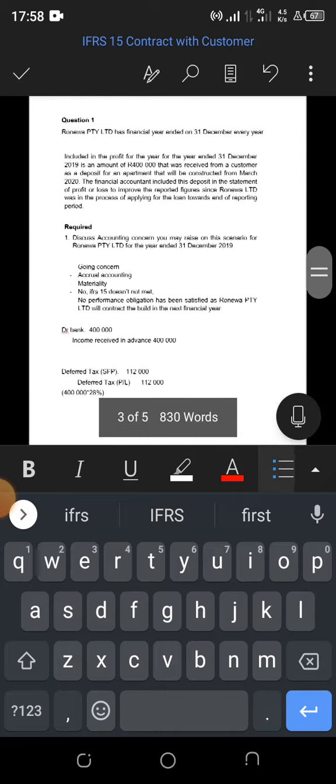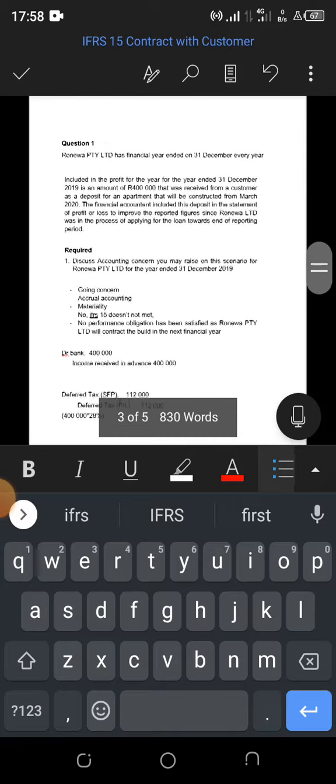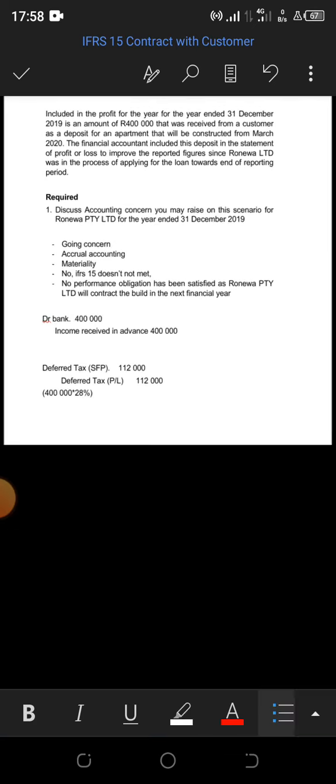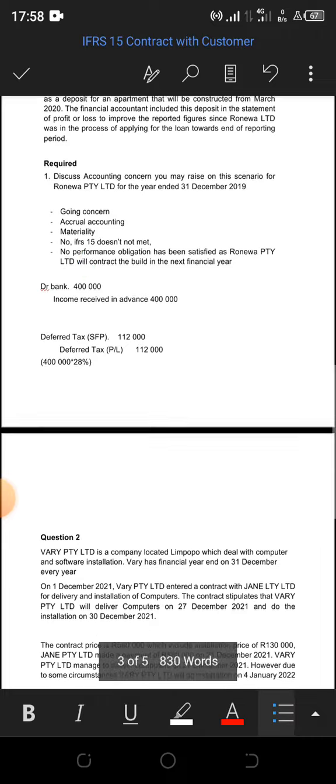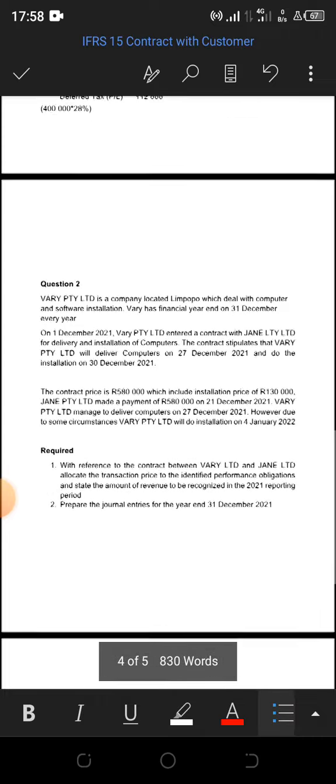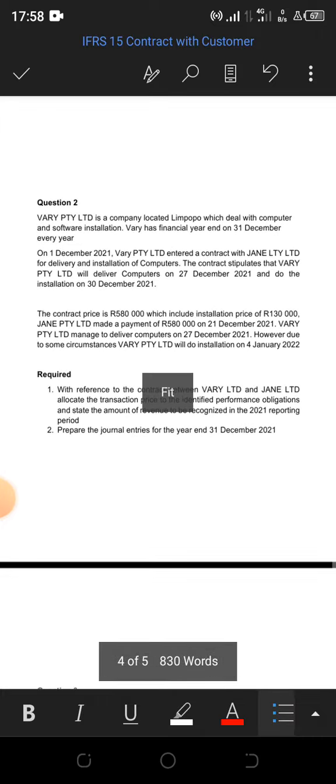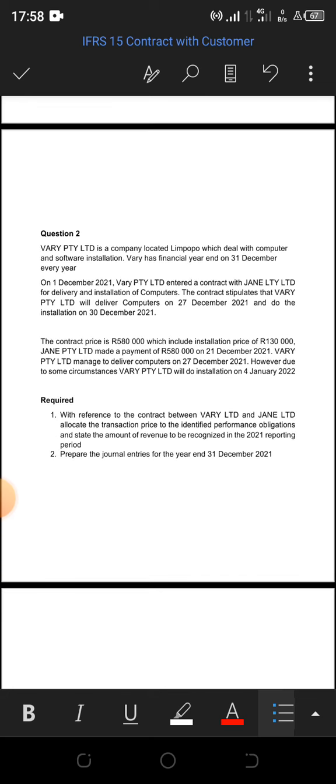Remember, in this question you also have to discuss the other issue that has been done by the financial accountant, which is under IAS 1. Okay, then question 2. Vari Pty Ltd is a company located in Limpopo which deals with computer and software installation. Vari has a financial year end of 31 December every year.